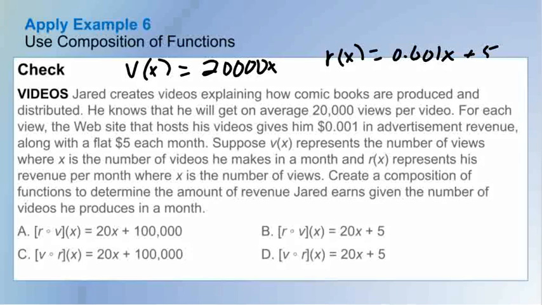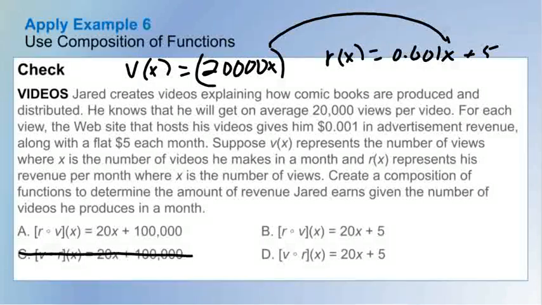So to determine the amount of revenue he earns given the number of videos he produces in a month, we're going to put this in for this x. So this will be R of V of x. So R of V of x, we can get rid of the V of x.